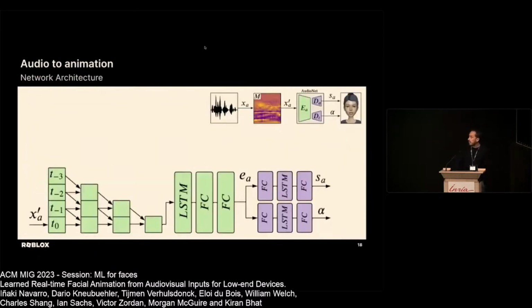Again, it's an encoder-decoder architecture. Our encoder looks very much like the decoders of the video part, as they're convolutional layers followed by LSTM and fully connected layers. The decoders for both subsystems are a fully connected layer that projects into a smaller space towards the LSTM and a fully connected layer. The LSTM is where most of the compute happens. I'm not putting here the values of the MACs, but this network is even smaller than the decoders of the video part.